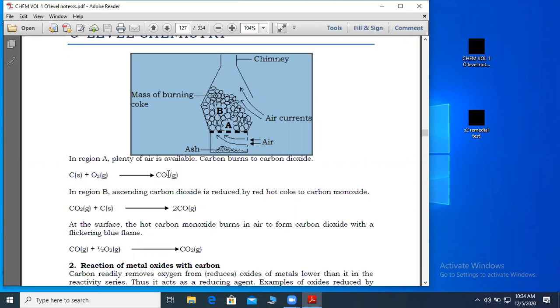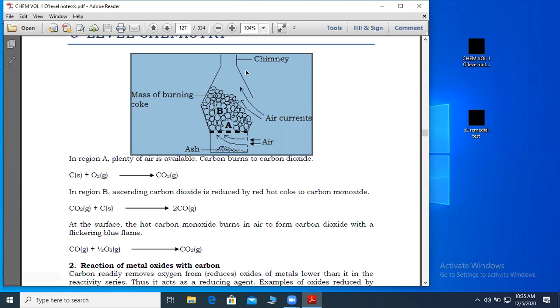So this carbon dioxide that is formed here, as it goes up to region B, it is reduced by coke to form carbon monoxide. And this is our carbon monoxide in region B. At the surface we mean here at the top, the hot carbon monoxide burns in air to form carbon dioxide, and carbon burns with a blue flame.